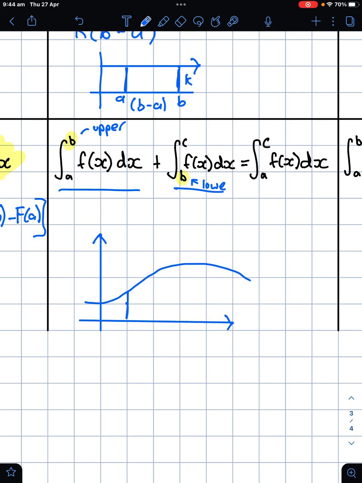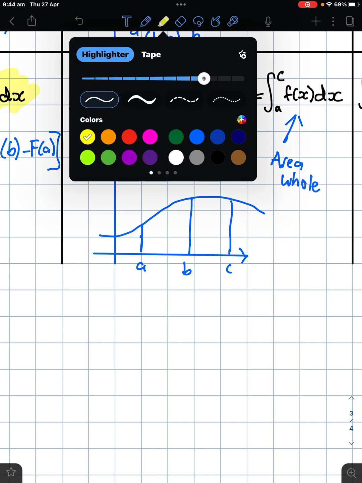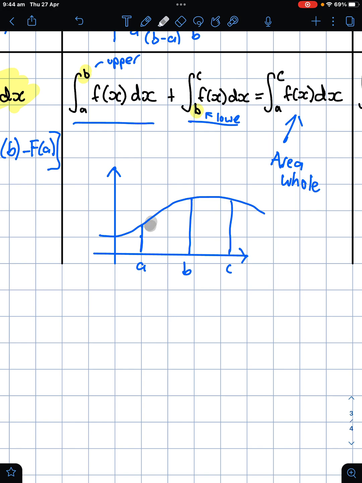Okay, if we have A here, B here, and C here, this integral here represents the whole area. And this would be the area, let's just call it area of A.